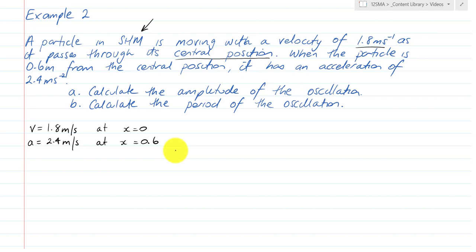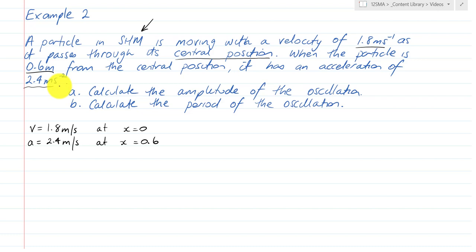And in this case, a and x are both positive, but we don't really know much about this x value in particular, or really the a value, because it's not usually denoted with that direction. And x, we just know it's 0.6 meters from the central position. It could be negative 0.6 or positive. So we're going to use that fact and that feature as well.